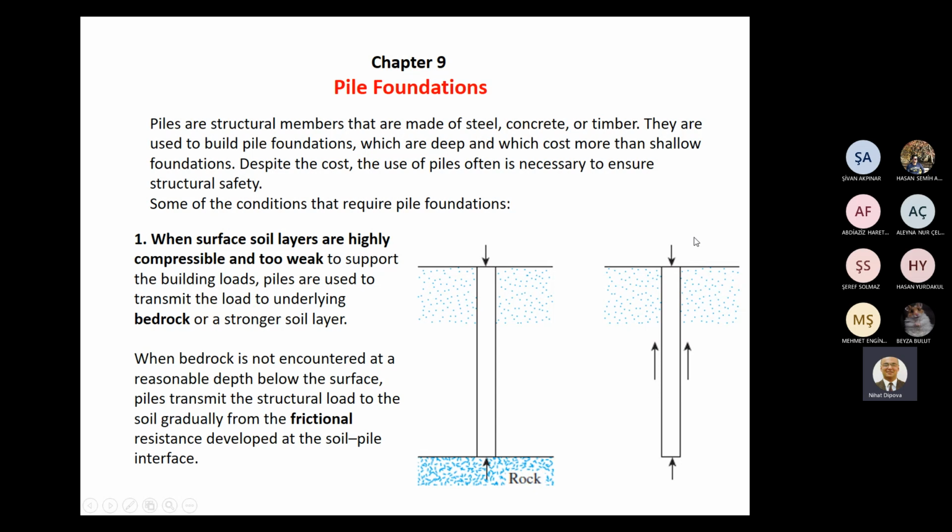Such a pile gets its capacity from frictional resistance along the interface between pile and the soil. And of course, it can get some amount of end bearing, but generally it's negligible compared to shaft resistance. So these kinds of foundations are called frictional piles.